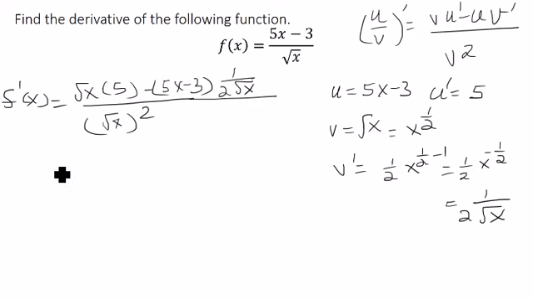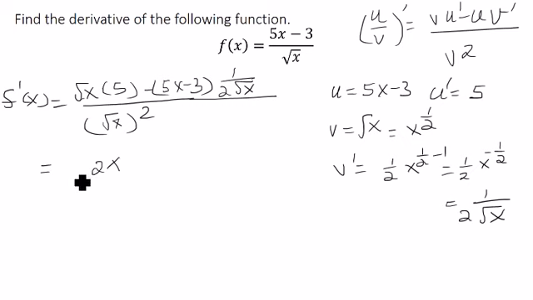Let's simplify this a little bit further. So there is this fraction in the numerator. If you take the common denominator, it's going to be 2 times square root of x times square root of x, which is x, times 5.